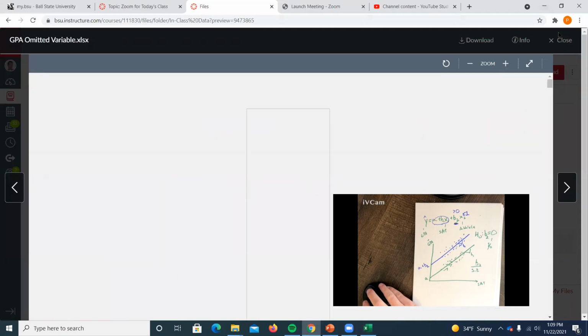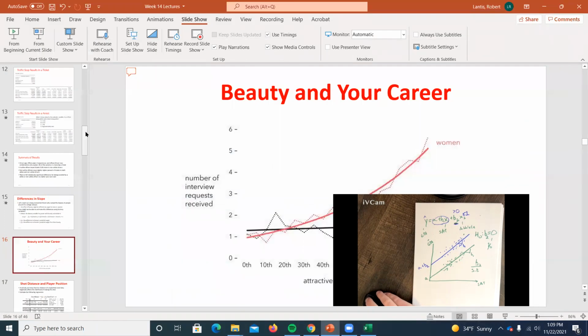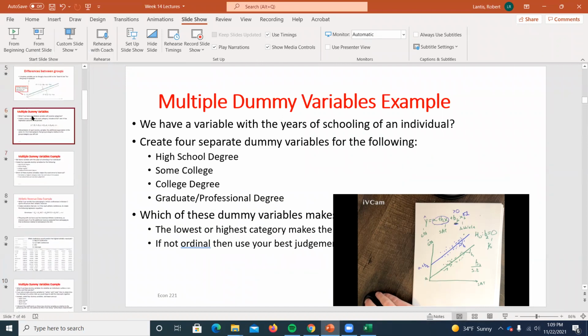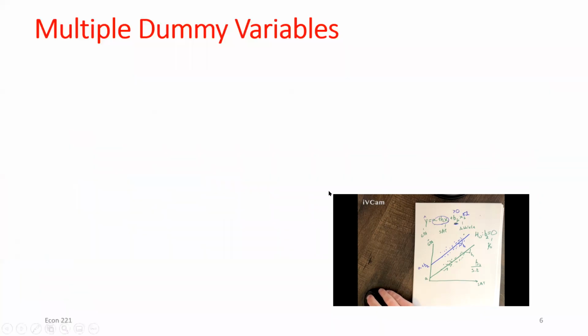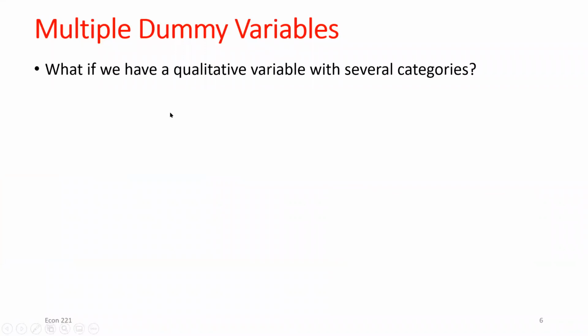So that's what it would look like with one dummy variable. But what's more useful, and something we haven't looked at yet, is including multiple dummy variables. Maybe we've got a qualitative variable that has a lot of categories, like years of education. Maybe it's collected as some college, a college degree, only a high school degree.